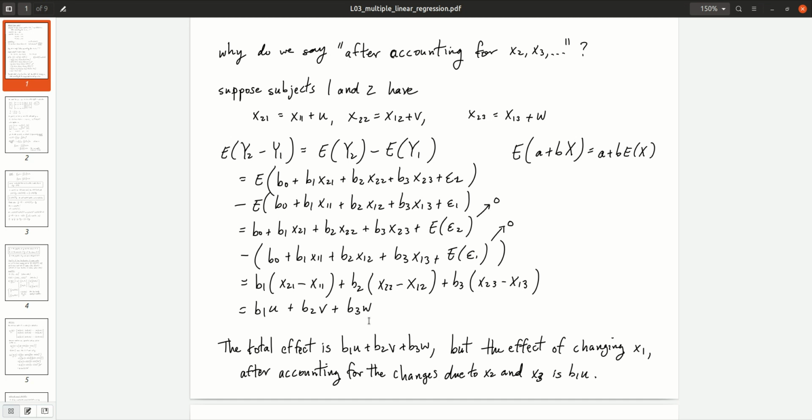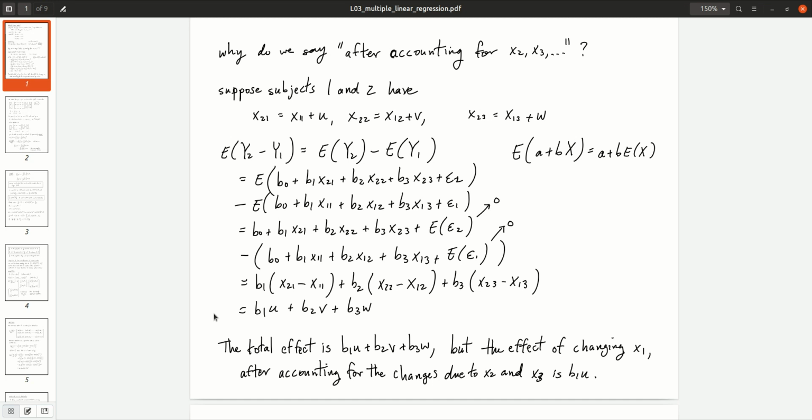So just to recap, we're looking at the difference in expected value for these two subjects. This is the difference in the expected value as a function of the three regression coefficients, b1, b2, and b3, and the differences in their covariates, u, v, and w. So the total effect is b1u plus b2v plus b3w.